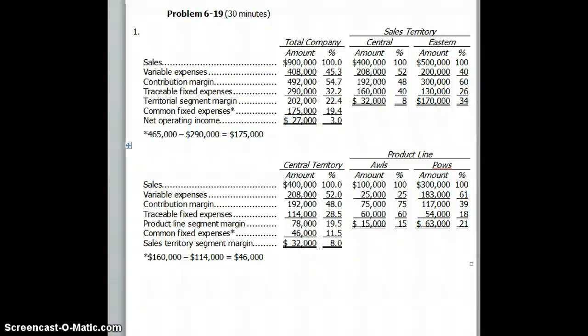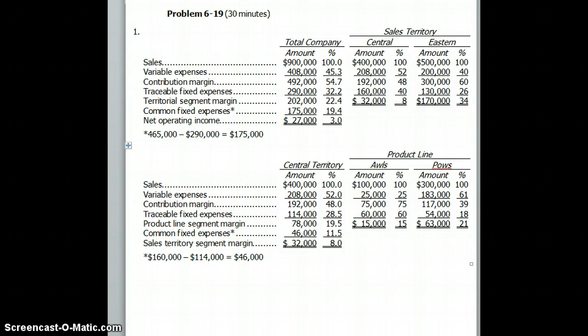Number 1, the company has 2 sales territories, Central and Eastern. In Part A as well as Part B, they first have us prepare 2 different segmented income statements. The first one asks us to segment the company based on territory. So they go through and give us information for the Central Territory: their sales and their variable expenses during the month of May.